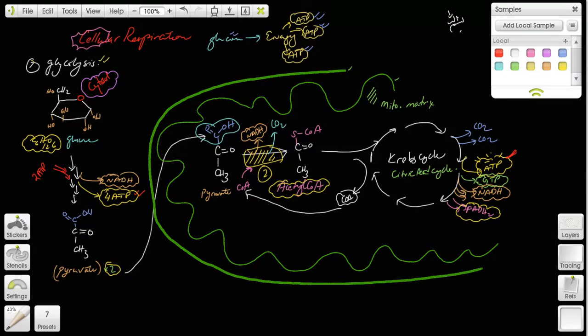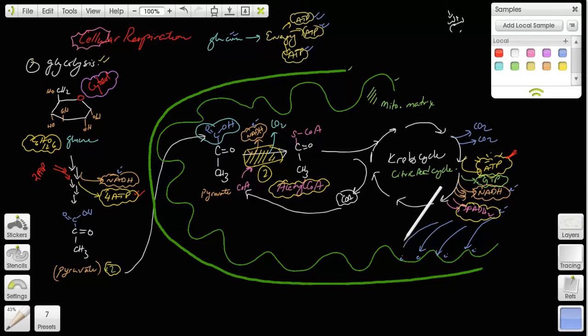Now, as I have suggested before, the majority of the ATP is generated in the electron transport chain. If you appreciate it, we said that these are electron taxis. The NADHs are electron taxis, so they're carriers of electrons. So what do they do with those electrons? They come here to the inner mitochondrial membrane, and they deliver their electrons to the inner mitochondrial membrane.